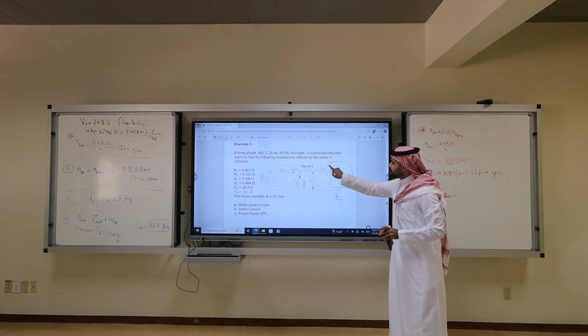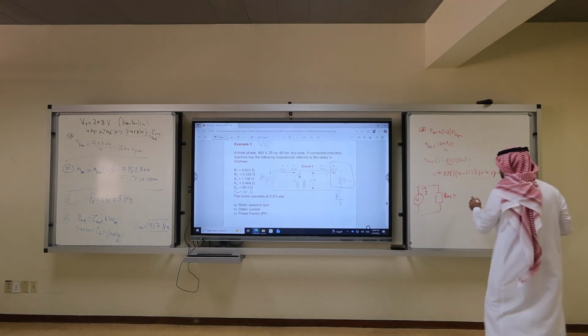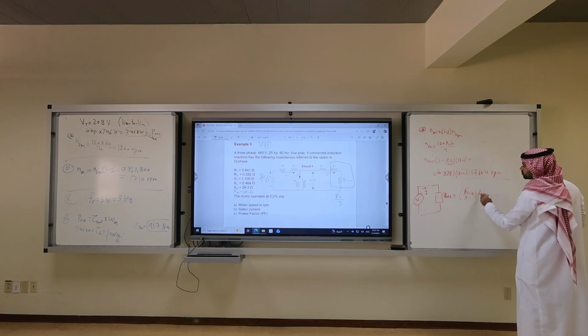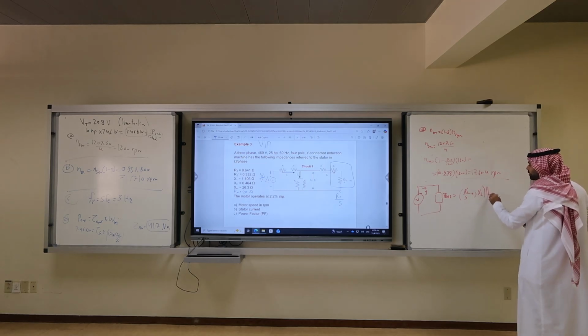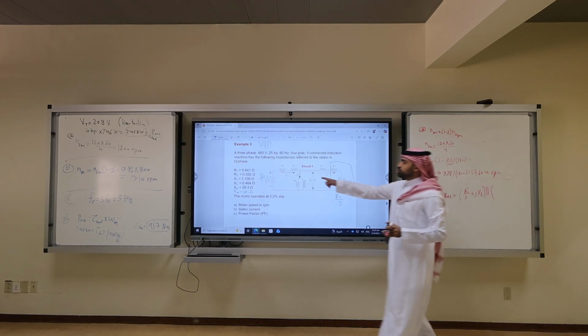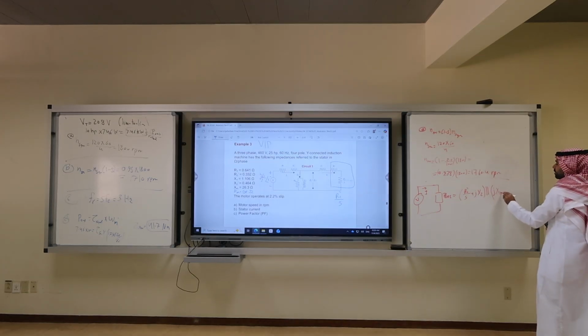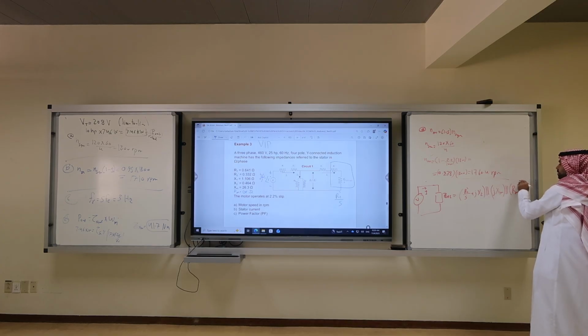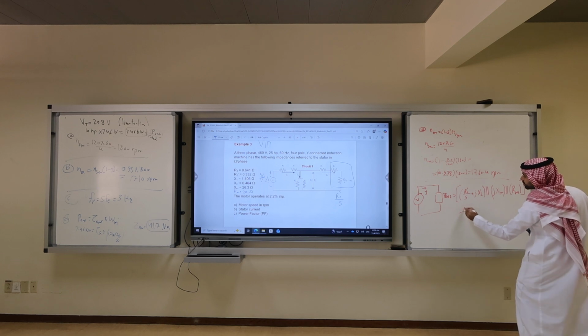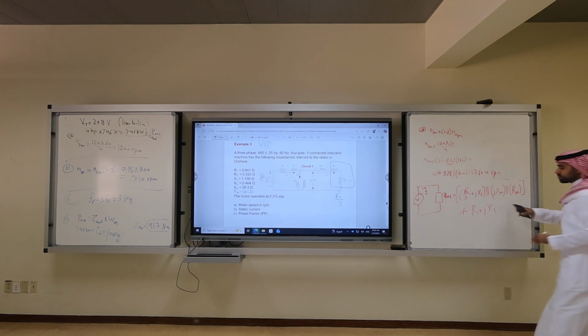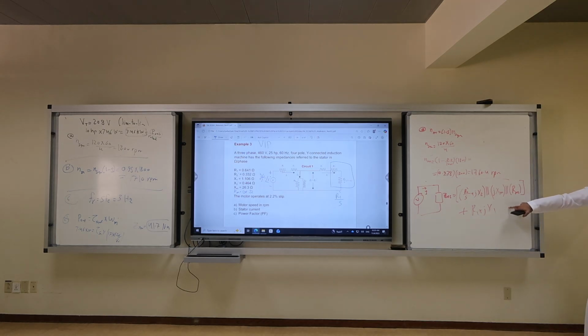R2 prime over S plus JX2, in parallel with JXM, in parallel with RM. No, in series with R1 plus JX1. This is the fundamental formula.